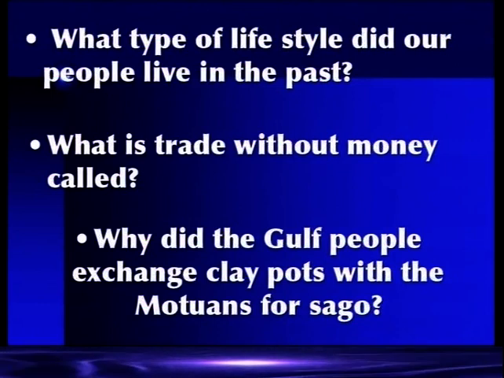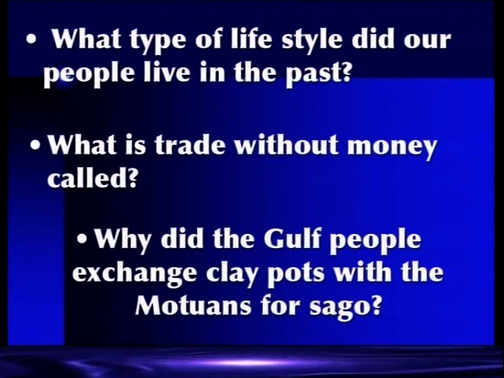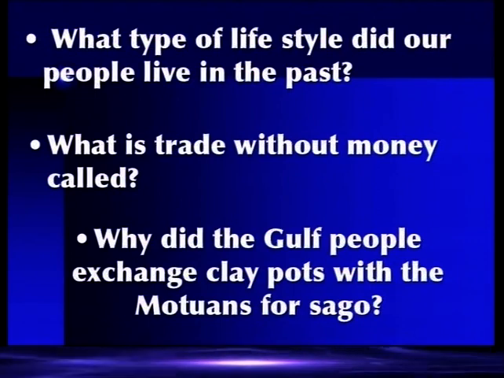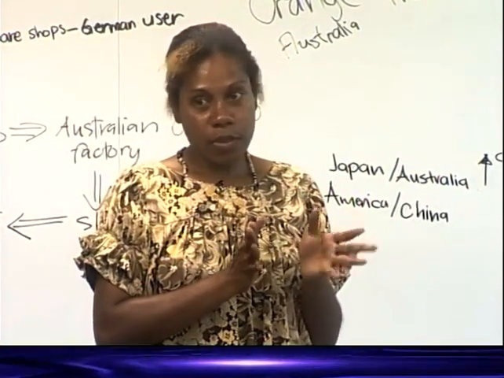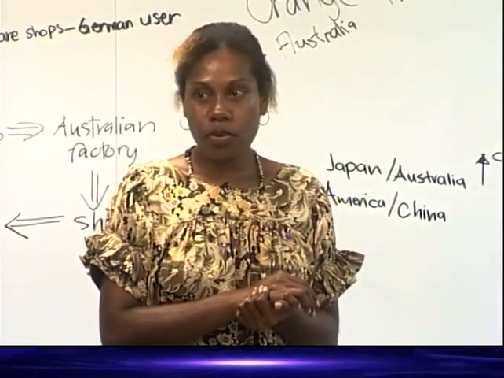So they needed clay pots to cook with. So that's why they had to get clay pots from the Motuans. And Motuans, they needed sago because in the Central Province too, there was a drought and they needed sago in order to keep them going. All right, so that's why they traded the clay pots for sago.